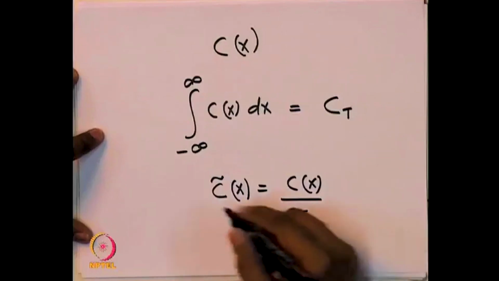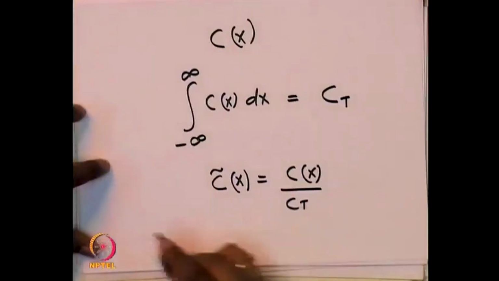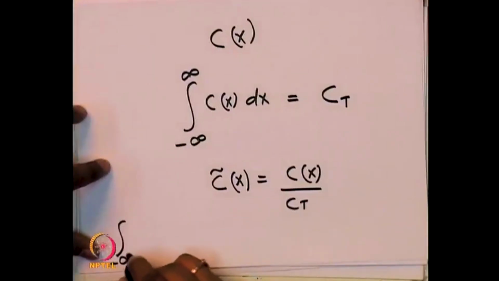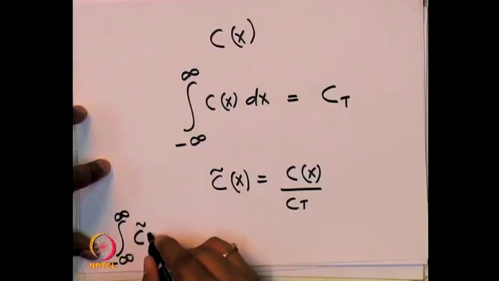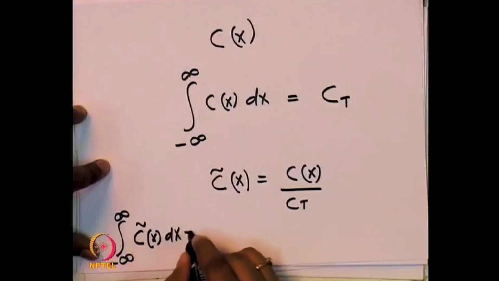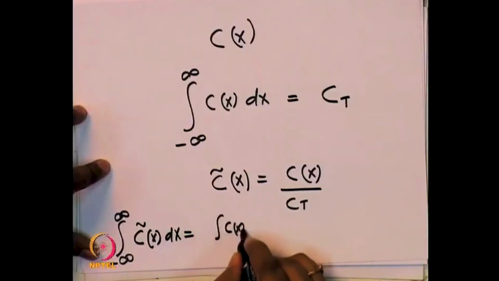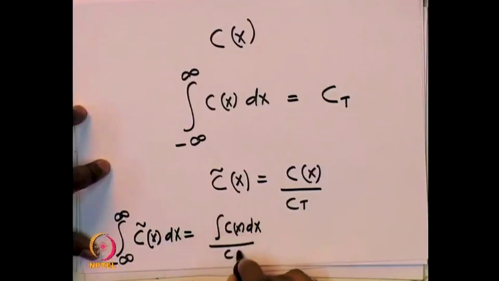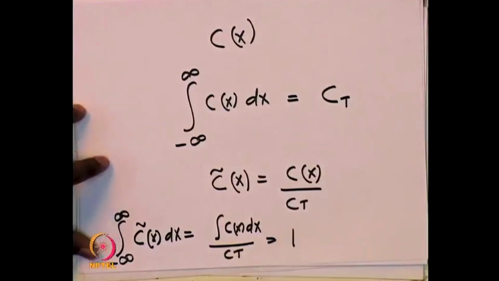If you have such a function, what will be the integral from minus infinity to infinity of C tilde of x dx? This will be integral C of x dx divided by Ct. We know that integral C of x dx is Ct from here. So this will be Ct by Ct, which is 1.